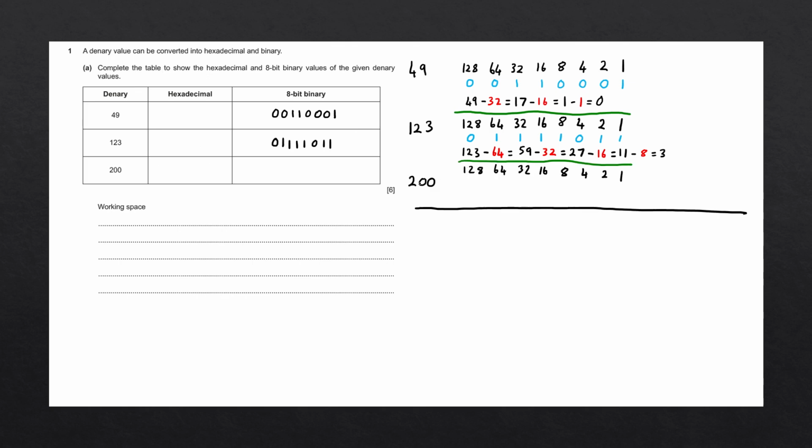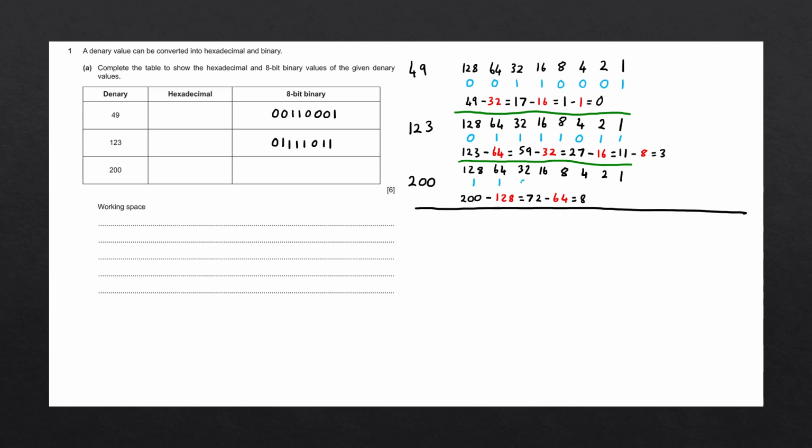128 fits into 200, so let's write that down. 200 minus 128. That's going to give us 72. And we'll write 1 underneath the 128. 64 fits into 72. Let's place a 1 underneath 64. This results in 8. 32 does not fit into 8.